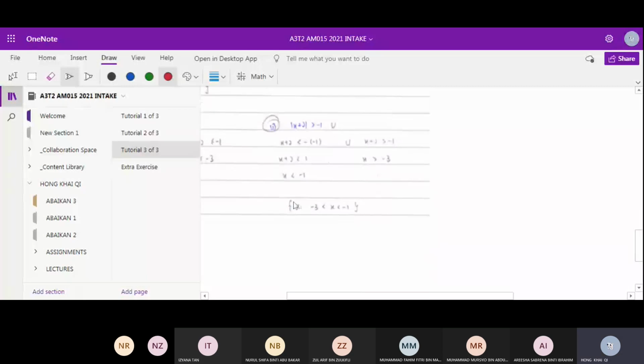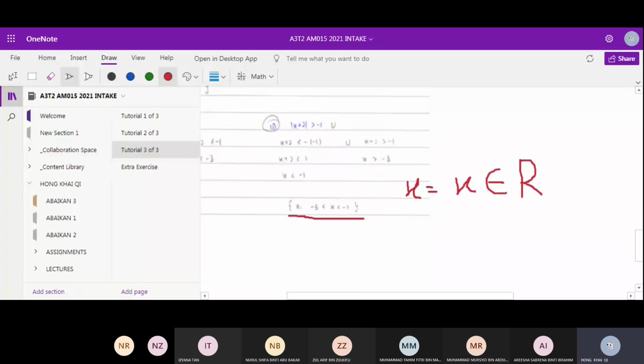The I one, I don't understand the answer. I got the answer like this, but the answer in the schema is like this: x equal to x, and then there is an R.